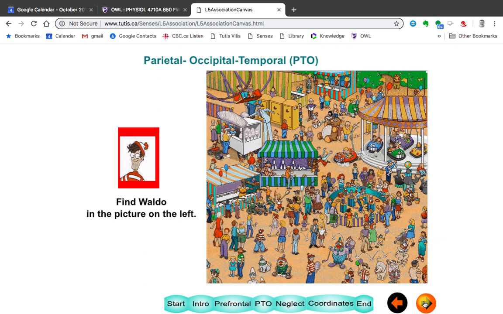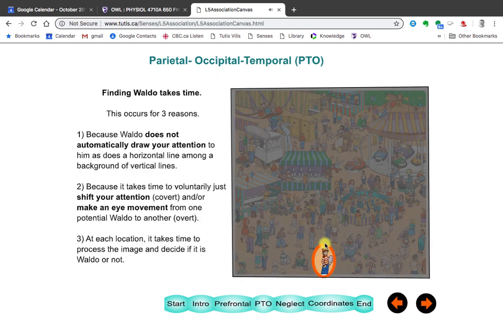Here, we can see that it takes time to find Waldo. Okay, and that's because Waldo doesn't pop out. There are a lot of things that resemble Waldo in this picture, and it takes time to find him over here.